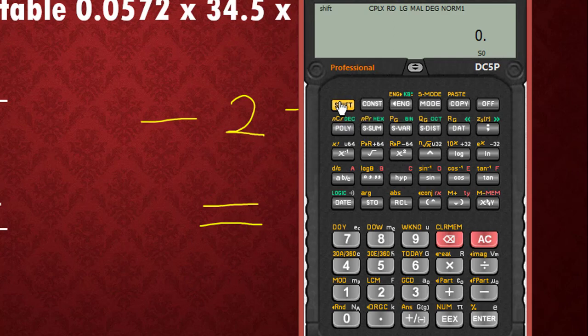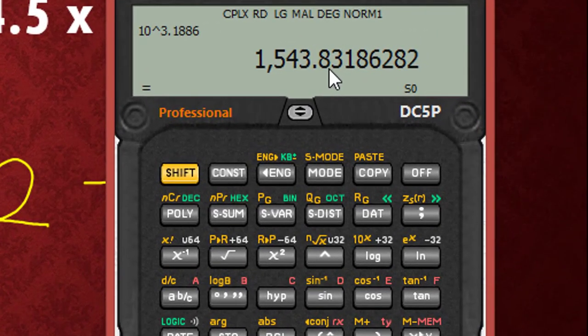Press down your shift or second function, then log, and then press the value 3.1886 and press equals or enter. Then that's going to give us a value of 1543.8.